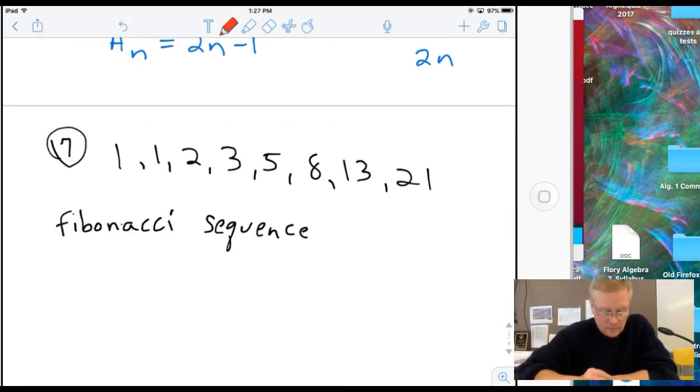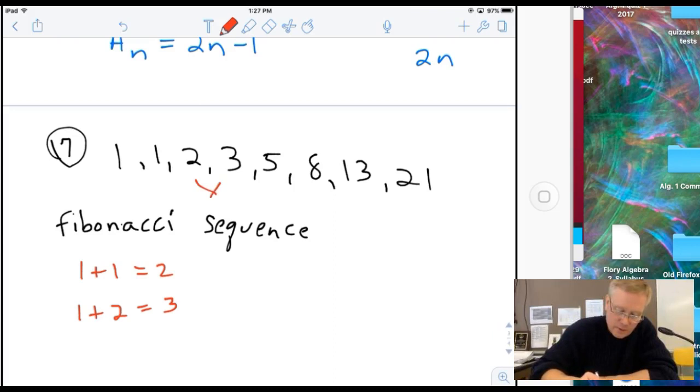Now, how you get the Fibonacci sequence, sometimes it jumps right out at you, is if I take the first two numbers and I add them together, I get the third number. And if I take the second and the third number, I get the fourth number. So if I add these two together, I should get the 5. Okay, so you see how that works?